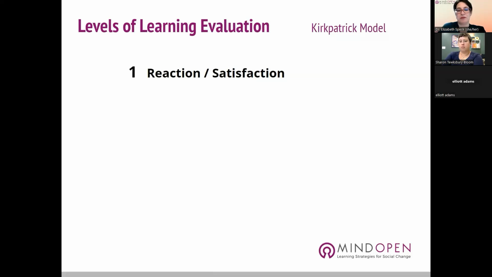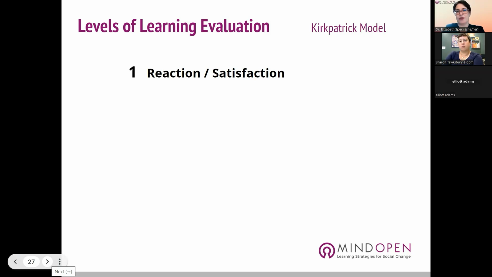We need to be satisfied and engaged with the learning experience, but that isn't a measure of, are we learning? So the Kirkpatrick model is a common model in adult learning to get to results.